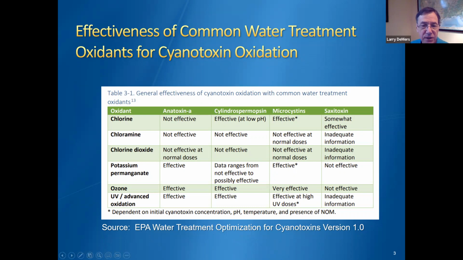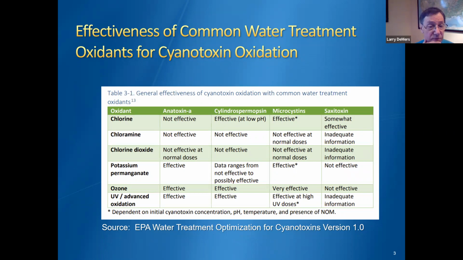But if we scan over to looking at anatoxin-a, which is starting to show up at some facilities, and that was the toxin that impacted the Columbia River, we see that chlorine is not very effective for destruction of anatoxin-a. Chloramines, no. Chlorine dioxide, typically not effective at normal doses.